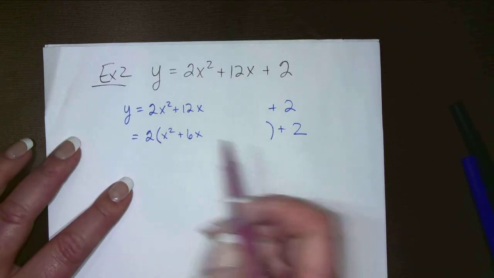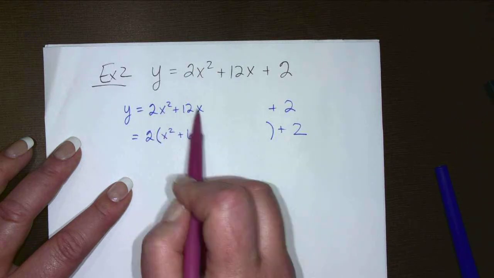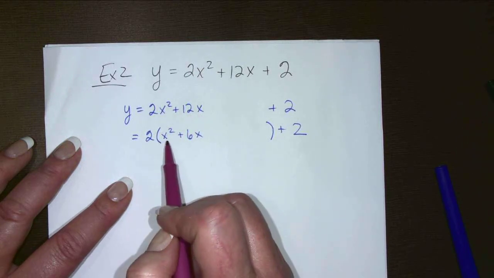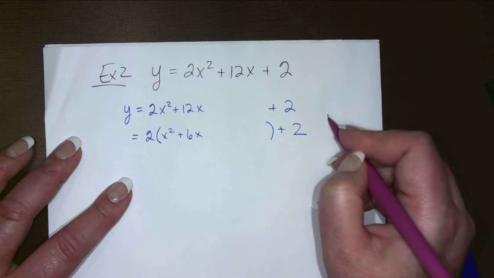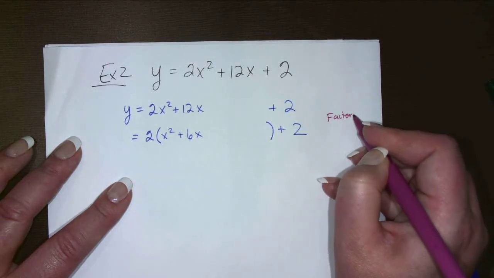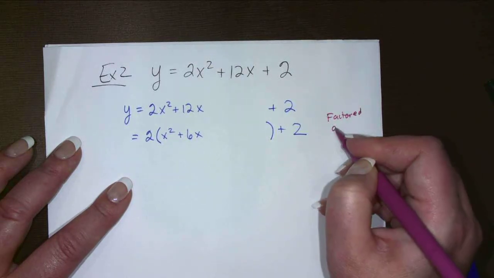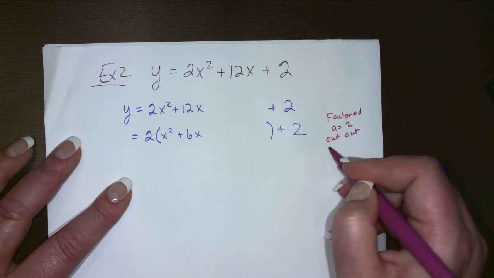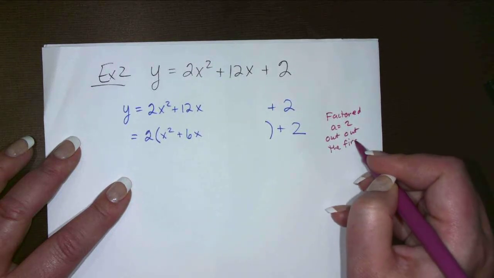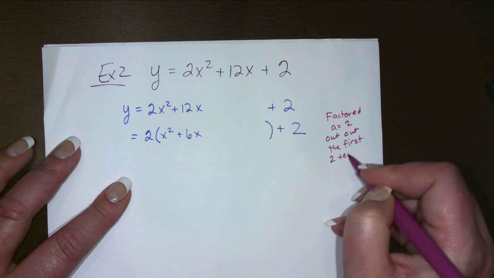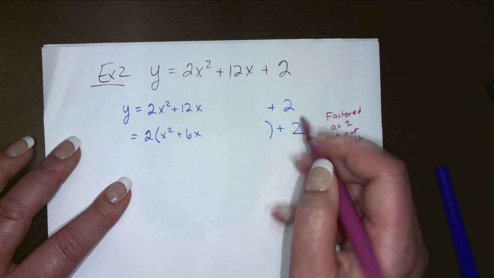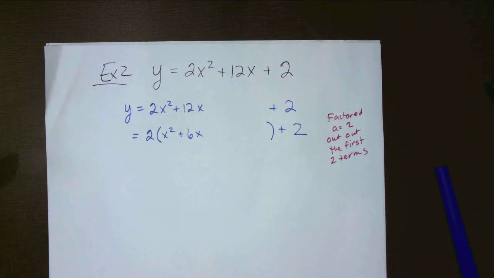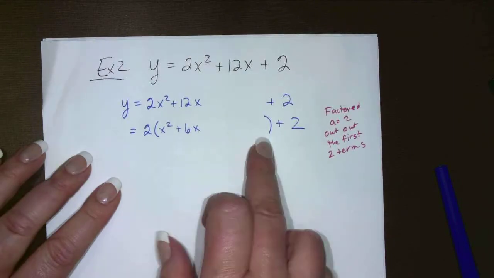I took the 2 out of this part so that that x would have just a coefficient of 1. Okay, so I factored a equals 2 out of the first 2 terms. You could factor it out of here if you wanted to, but a lot of times it won't work, so I just don't bother. Okay, and then my space is still here.